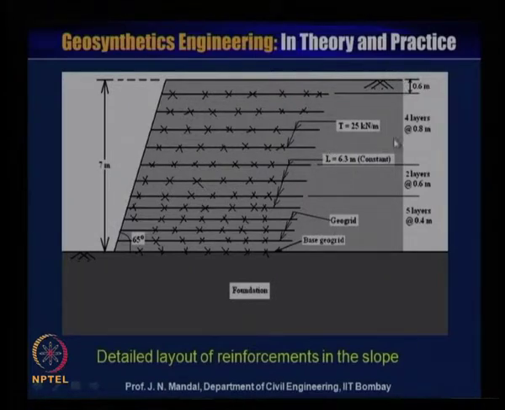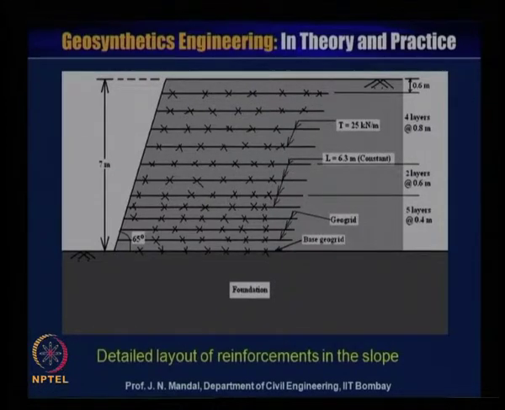The tensile strength of the geogrid we consider about 25 kilonewton per meter. So you know the tensile strength of the geogrid material and the spacing at different heights of the reinforced soil slope. Then you can design like this.